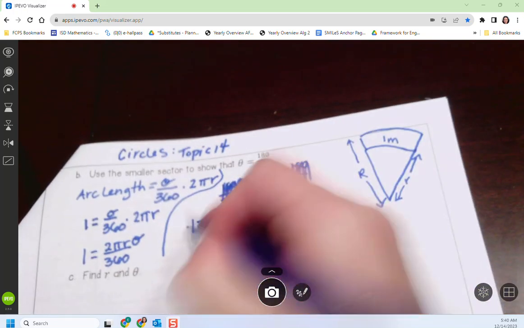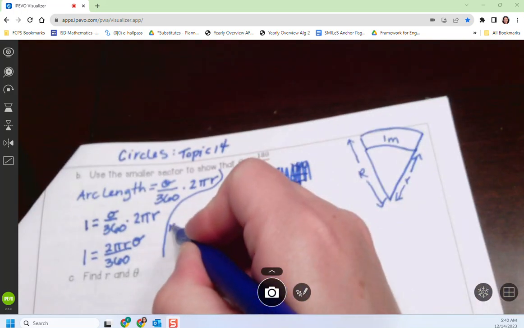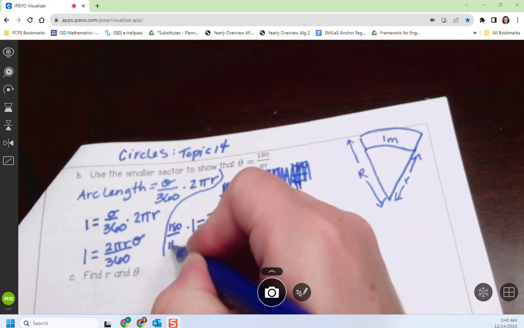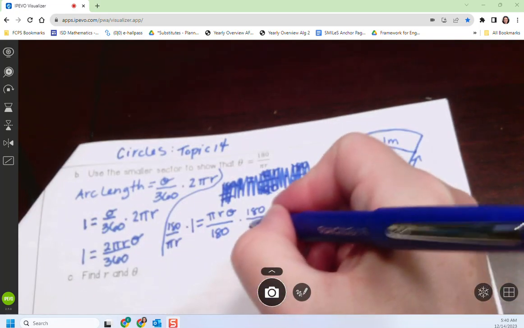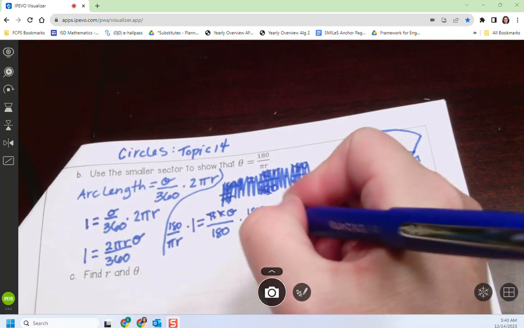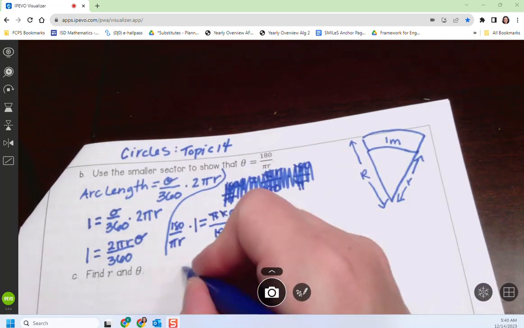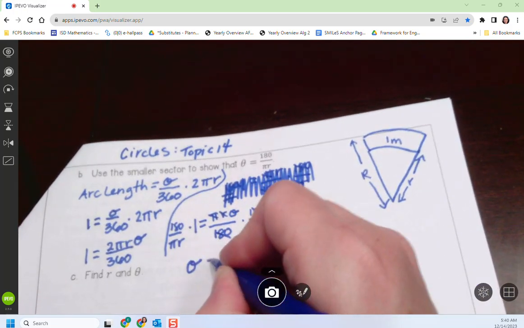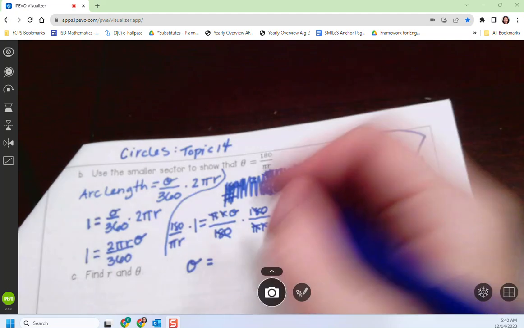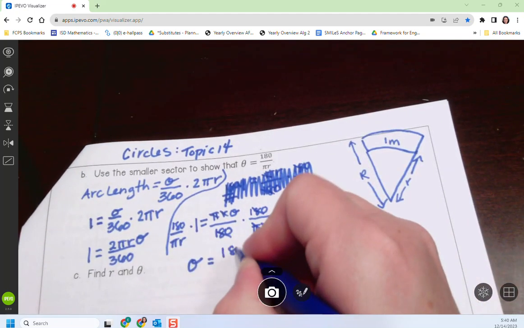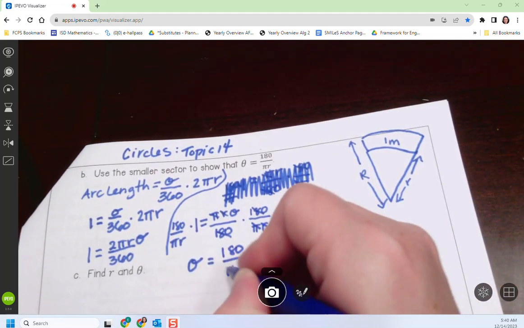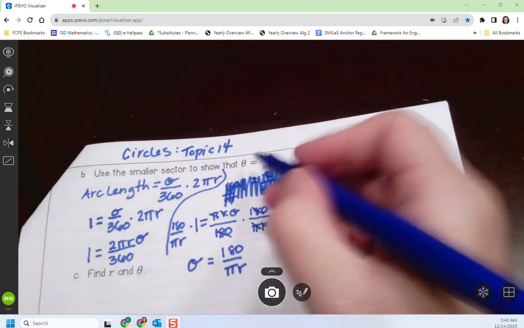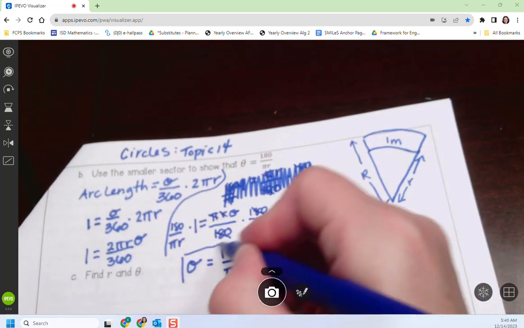I'll do that on this side as well. So that cancels out my pi and my r and my 180, so theta's by itself. And this times 1 is going to be the same thing, 180 over pi r. So now I have that theta is equal to this.